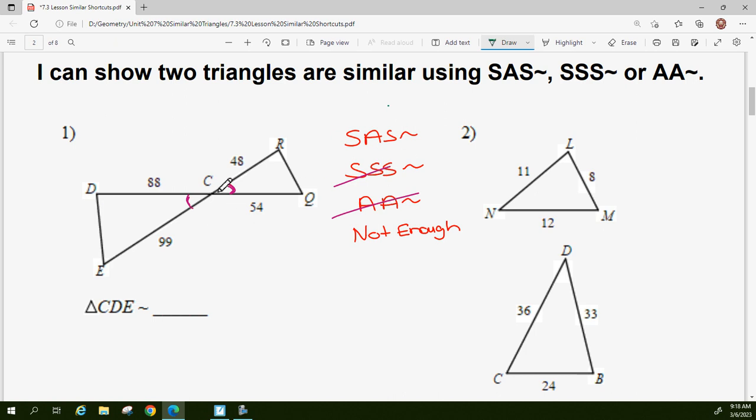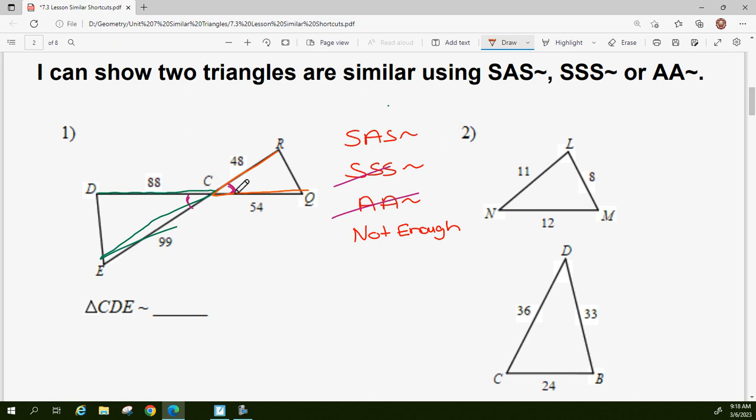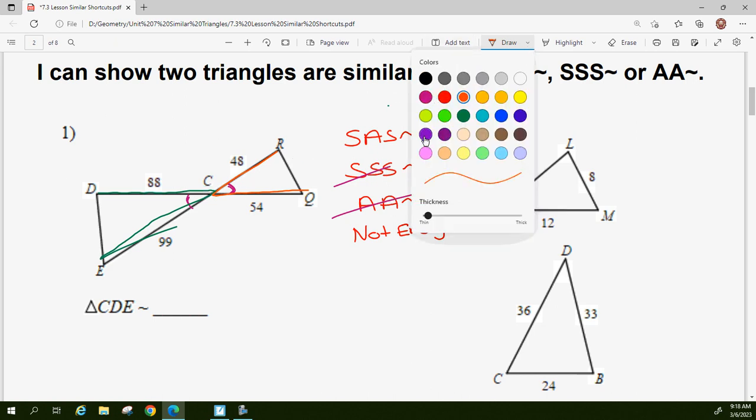In order to have side, angle, side, my angles have to be between the sides I'm looking at, and that is true. These two sides make that angle, that's a vertical angle, and these two sides make this angle, that's a vertical angle. So now what I need to do is check to see if the corresponding sides make the same fractions.